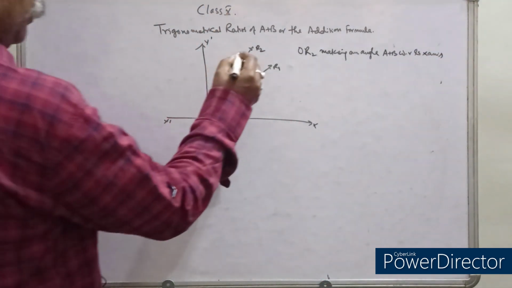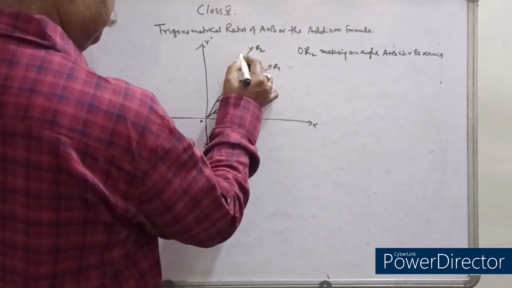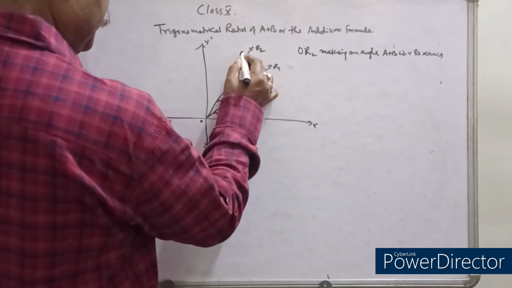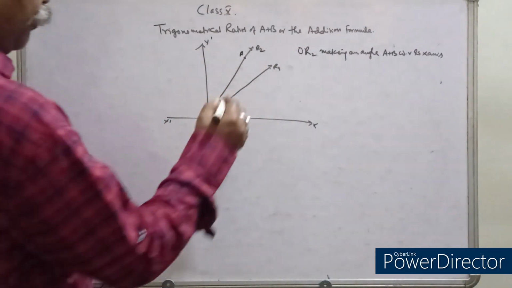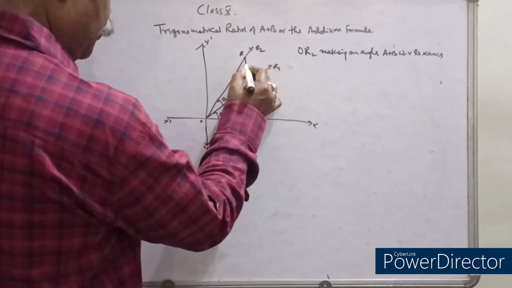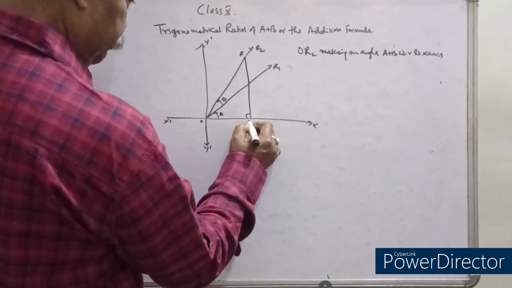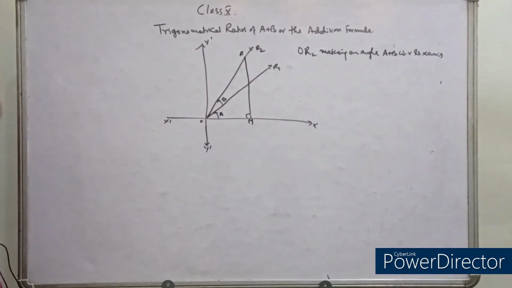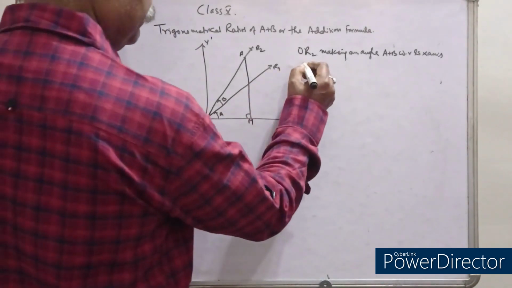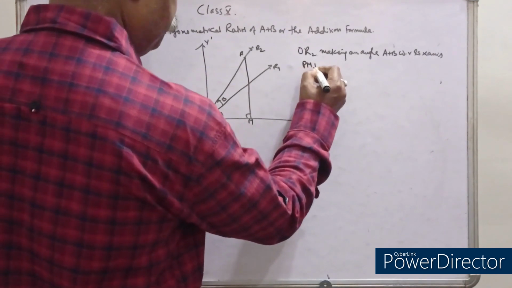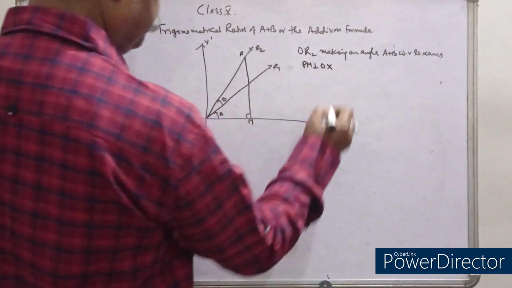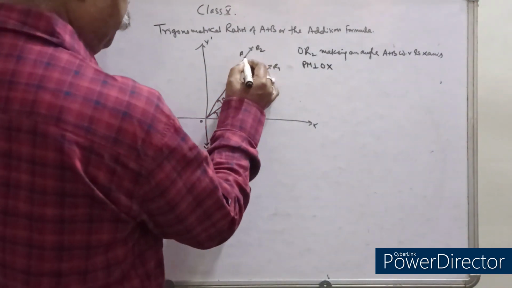Now we consider a point P here. From P, I am going to draw a perpendicular to OX, PM.